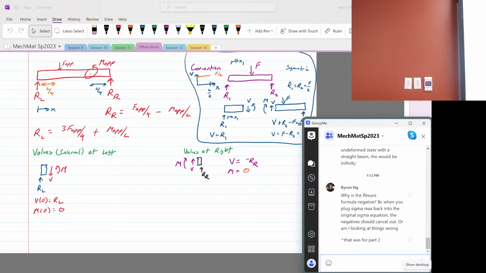But now we have a new slope. It's still positive and it goes until 3L over 4. And at 3L over 4, that's when we got to M hat. So where's the max? Yeah, exactly. It's going to be 3 over 4.